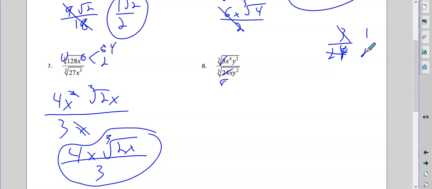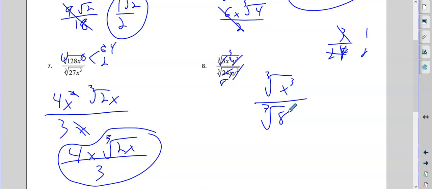The x to the 1 can simplify, cancel with these, leaving just 3. And the y's can completely cancel. So what we're left with on the top is simply the cube root of x cubed, which will just be x. And at the bottom, we're left with a cube root of 8, which will just be 2.